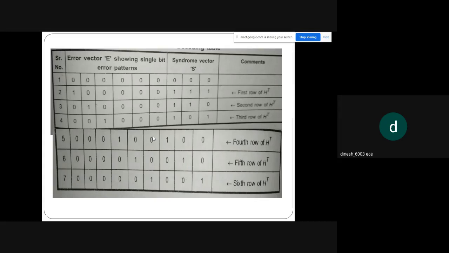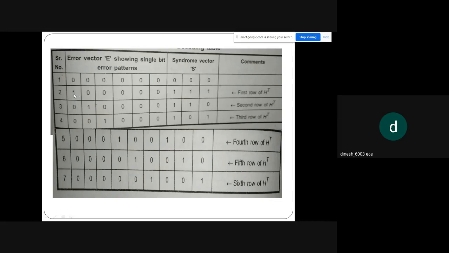Any doubts in this decoding table? I'll give you 2 or 3 minutes for viewing this. You can check by doing modulo 2 addition with the corresponding error bit sequence.